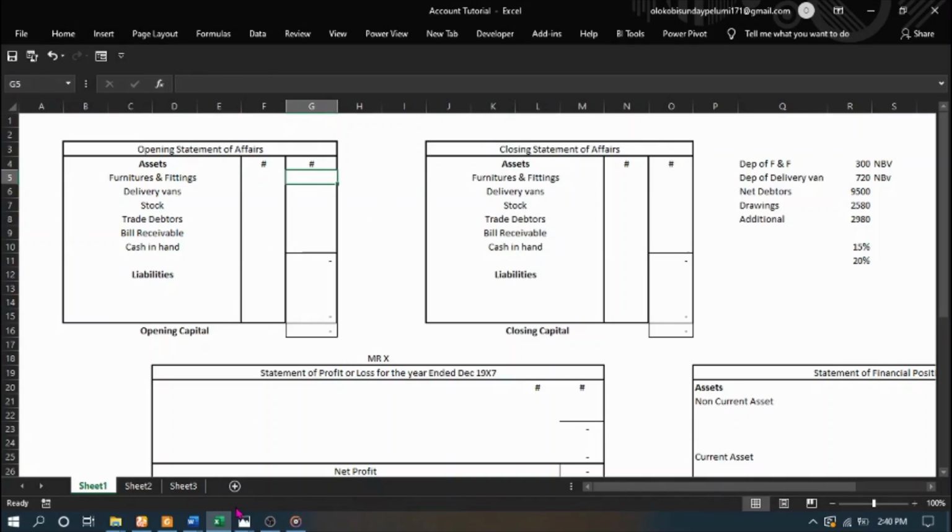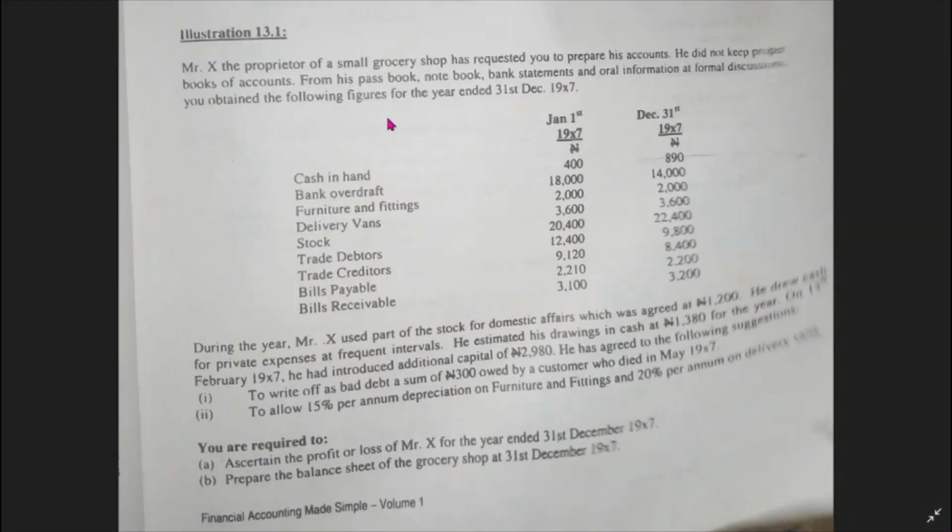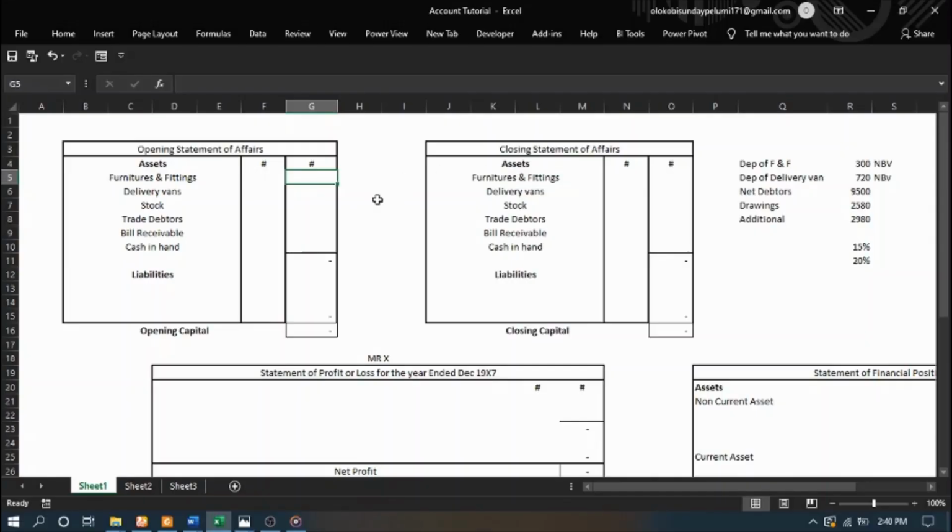Alright, so furniture and fittings. Furniture and fittings here is 2,000, and depreciation at the end of it is no longer 2,000 because we have depreciated it. So what is the net book value?